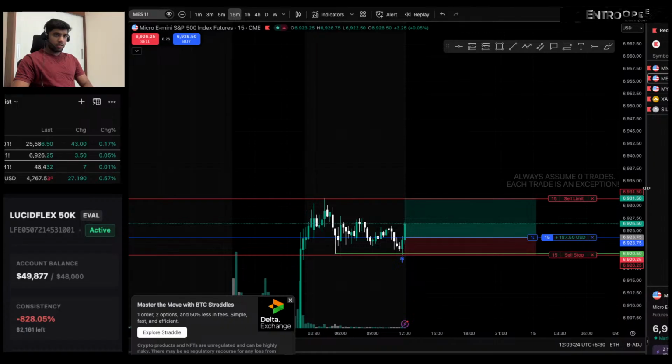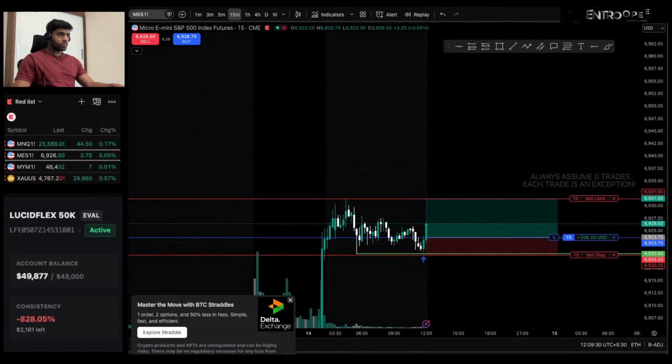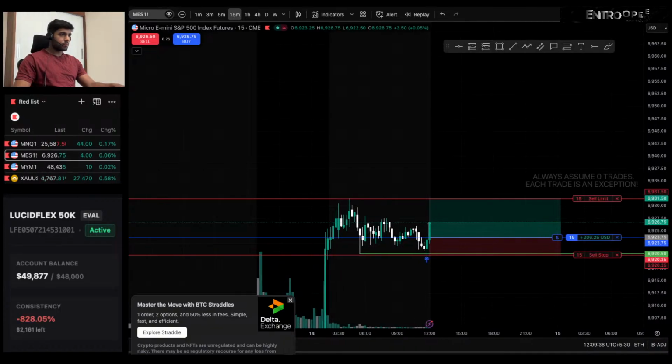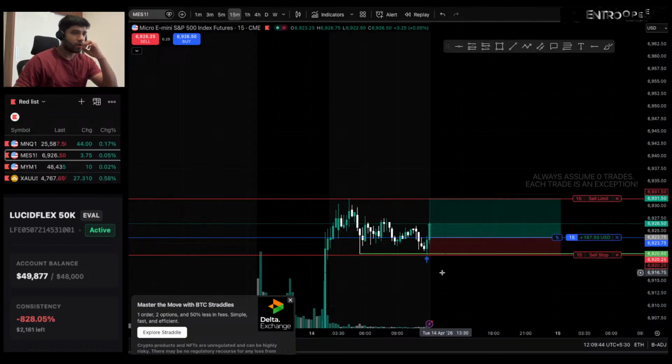So if you see, the rationale of this trade is quite simple. Let me just adjust this first. Yeah, the rationale of this trade is quite simple. So there was a sweep of this particular low.